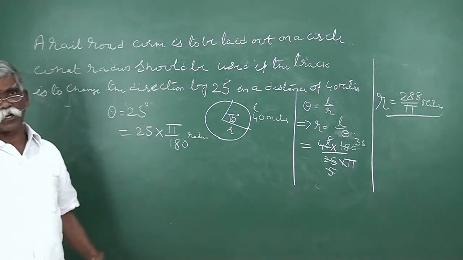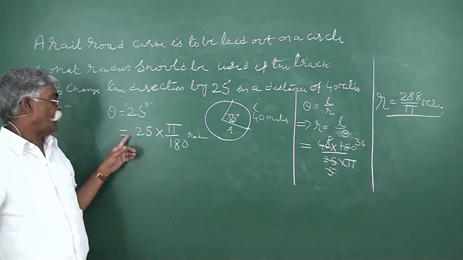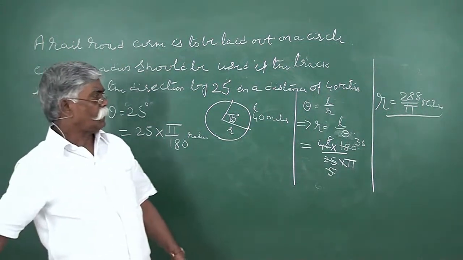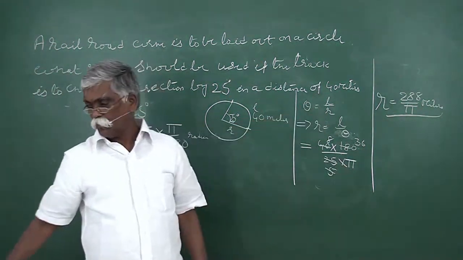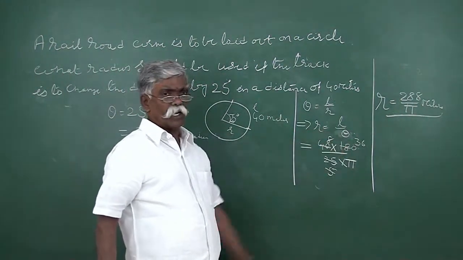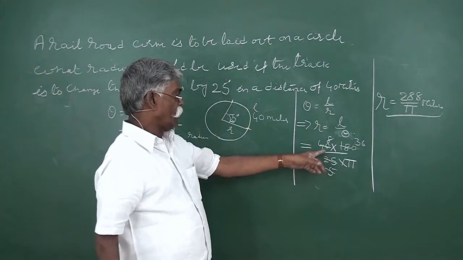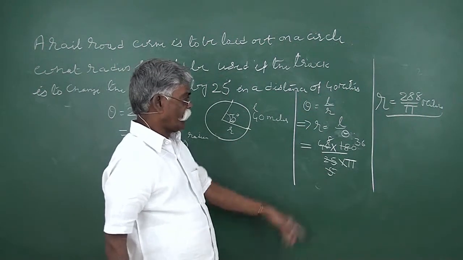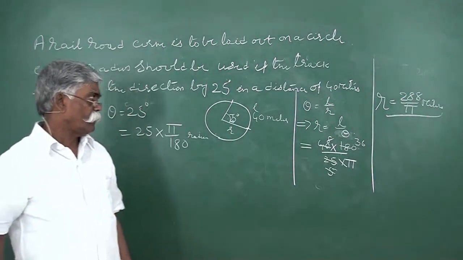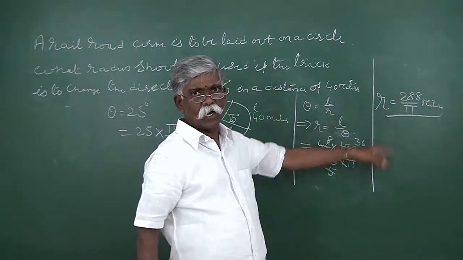Therefore theta is equal to 25 degrees, and in radians theta is equal to 25 into pi by 180, and theta radians is equal to L by R. So R is equal to L by theta, and L is given as 40 and theta is 25 into pi by 180. Thereby we got 288 by pi meters.